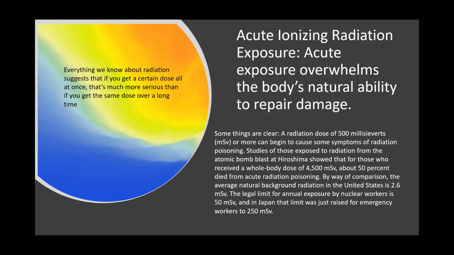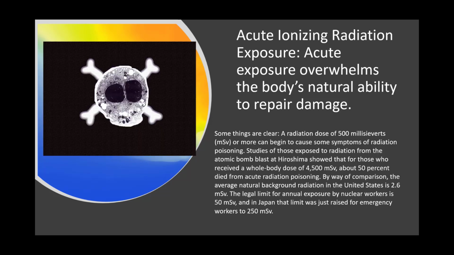That is what we talk about when we talk about acute ionizing radiation exposure. Exposure of a dose all at one time. Some things are clear. A radiation dose of 500 millisieverts using the linear threshold model is the threshold for the symptoms of radiation poisoning.